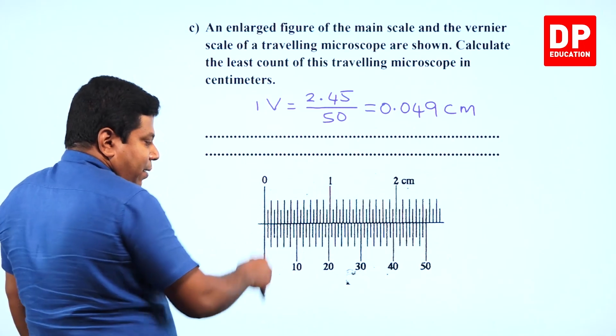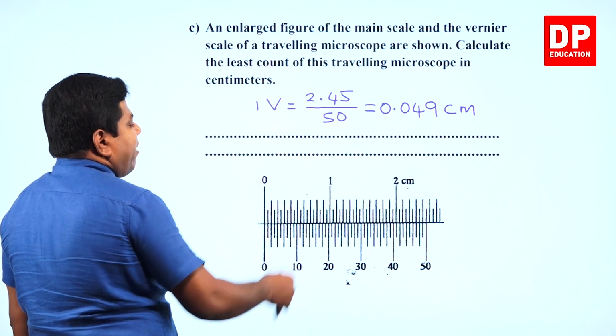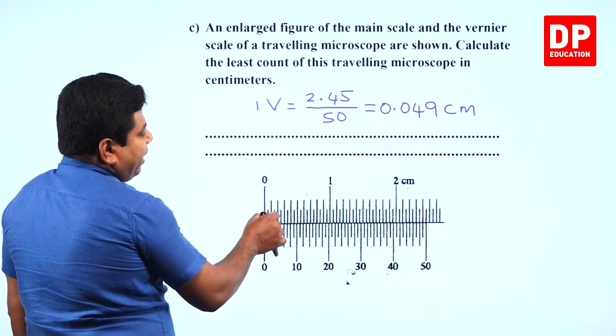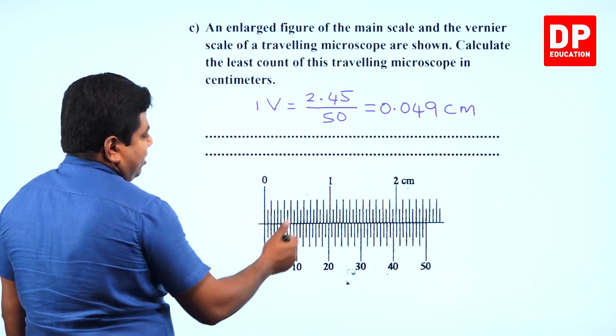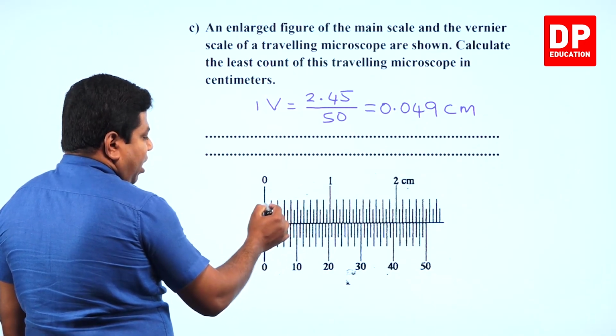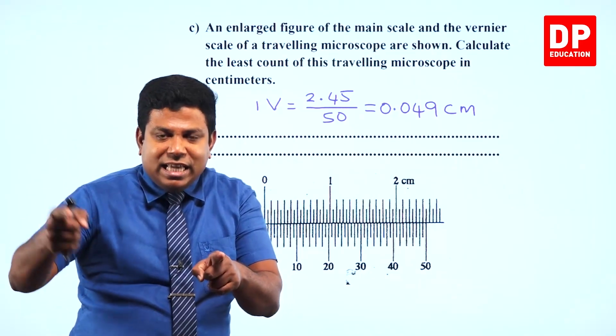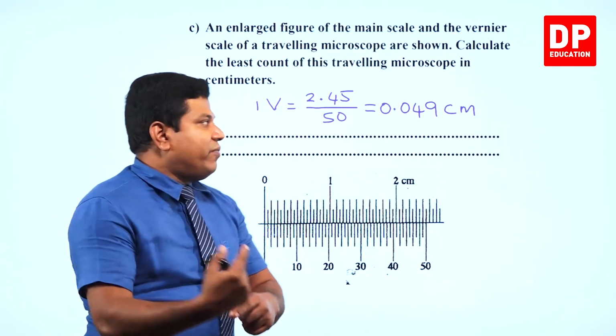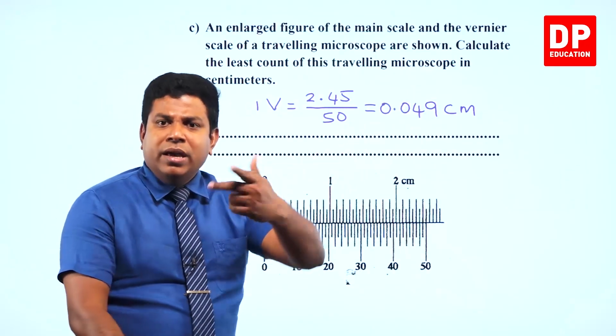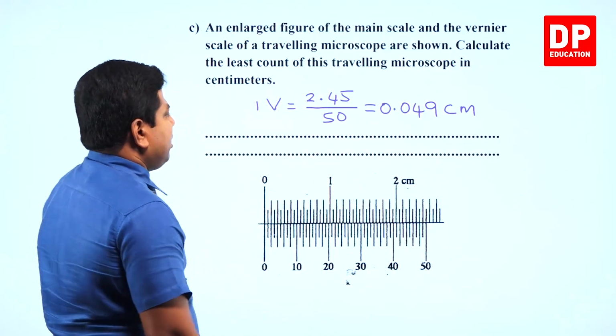And in the main scale, what is the measurement you have in the main scale? 0.05. See, this is 1, so this is 0.1. Half of that means 0.05. So each main scale subscale is 0.05 centimeter. The difference between that and this has to be the minimum measurement. We studied that in measuring instruments.